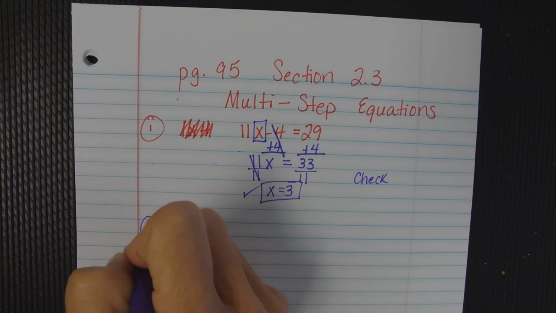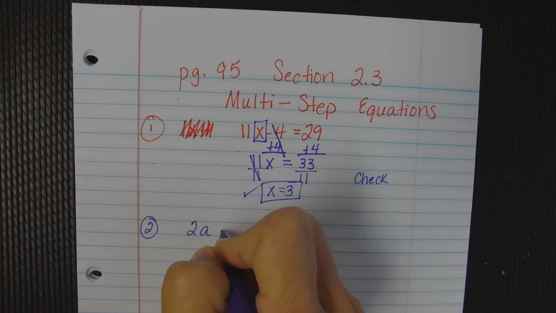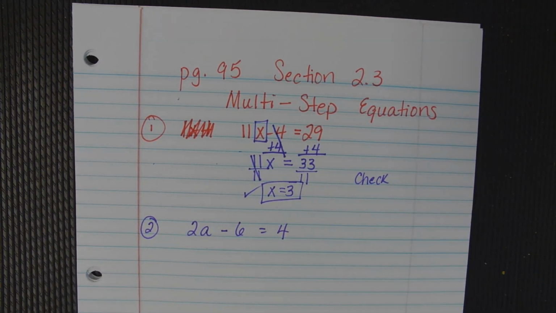All right, number 2. 2a minus 6 equals 4. Do it.